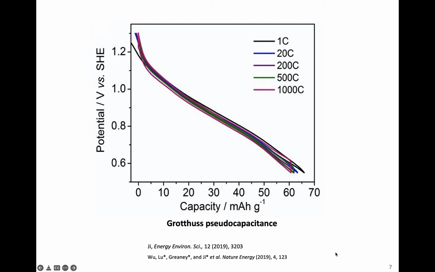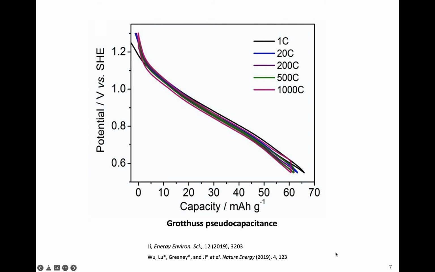The next question is whether such a structure supporting the Grotthuss mechanism can help a battery deliver high rate performance. In other words, whether this battery can be charged faster. The answer is yes. My lab conducted the early experiment that tested the power of the Grotthuss proton conduction during the discharge and the charge processes of a defective Prussian blue as an electrode material for proton batteries.